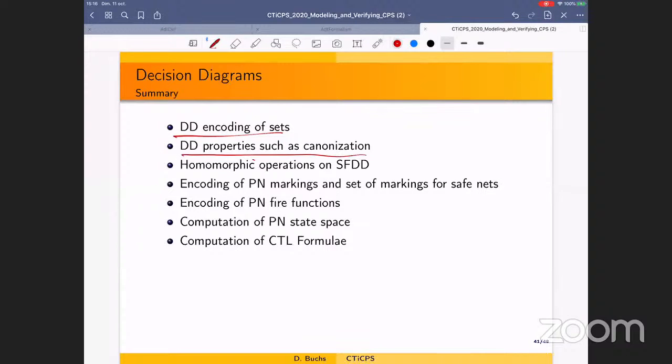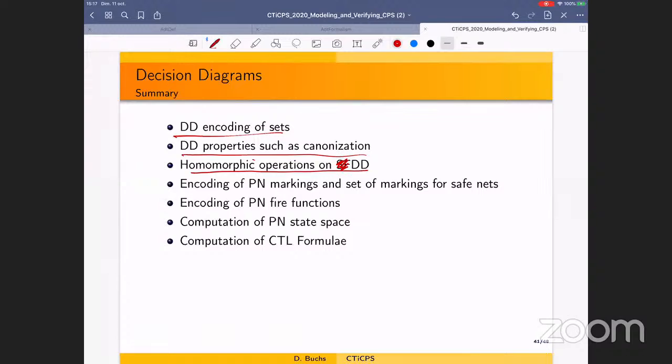We have important properties, such as the fact that the final representation is unique. We have a way of managing the operations on these decision diagrams. So maybe it's not just SFDD, it's DD in general.